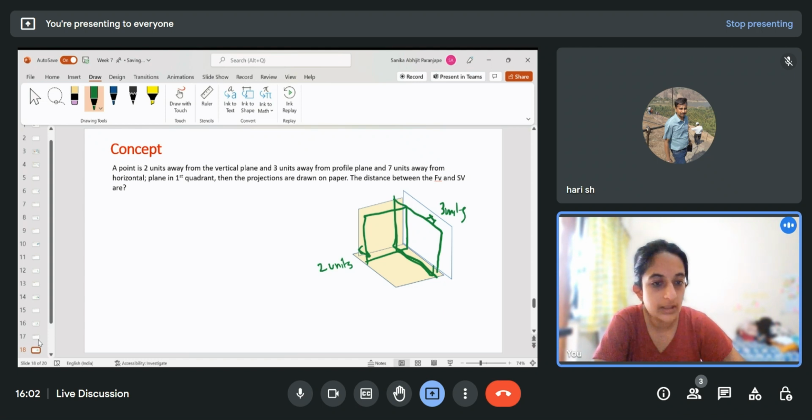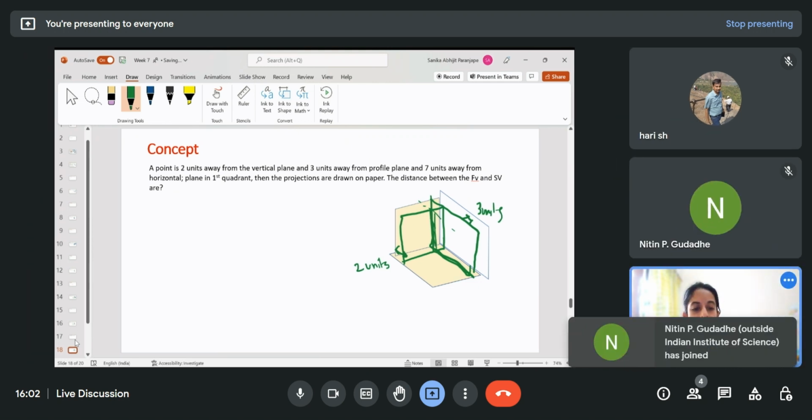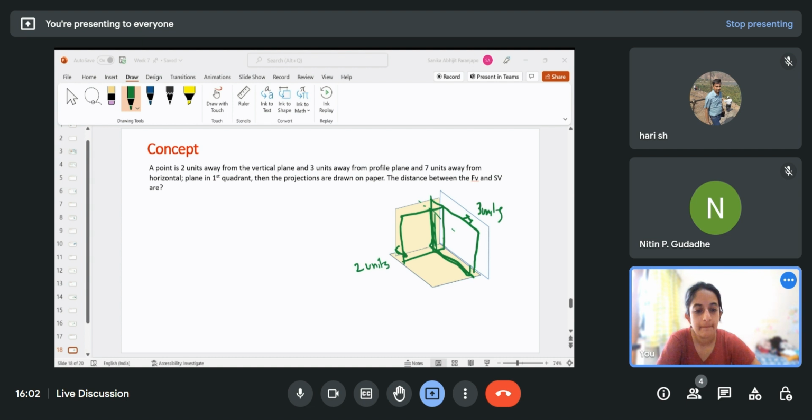So wherever this plane and this plane intersect, somewhere here, if I draw parallel to this, they'll intersect here, and 7 units away from the horizontal plane, so 7 units above the plane.